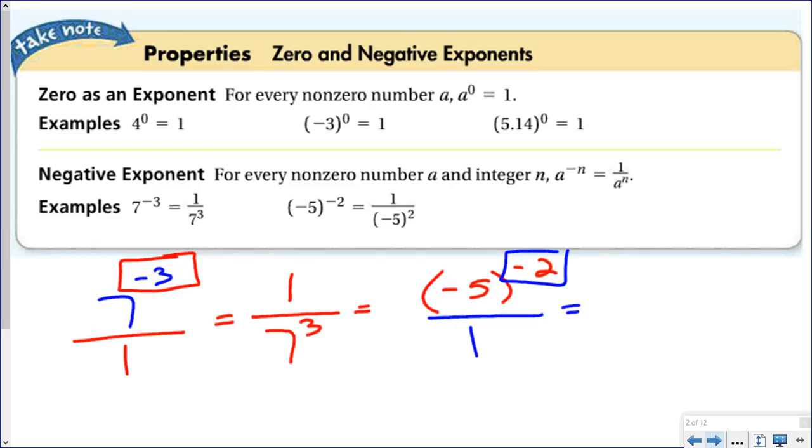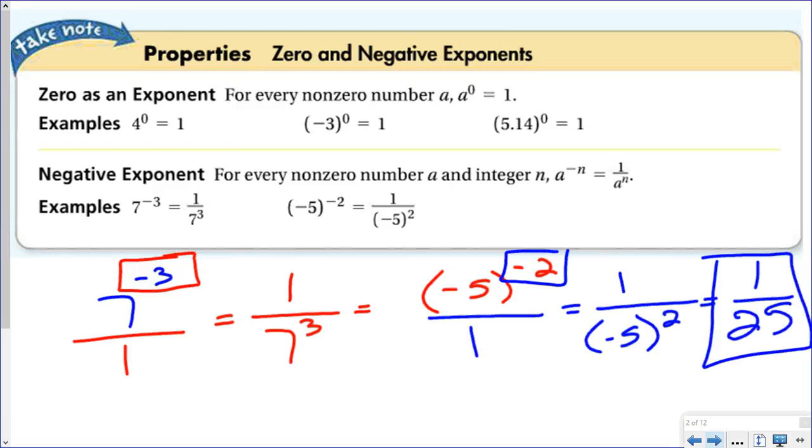So to turn it into a positive 2, you're going to move it to the bottom. Negative 5 in parentheses can now be raised to the positive 2 power if you just move it to the opposite spot of where it's at. Now, you've got to put a 1 on top. Your final answer for this one would be 1 over. And then if you take negative 5 times negative 5, the final answer for this one would be positive 25.